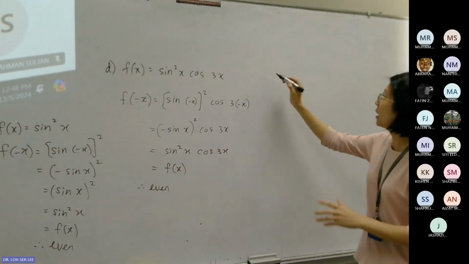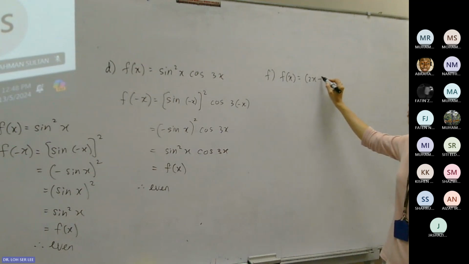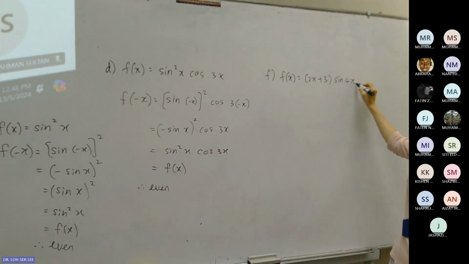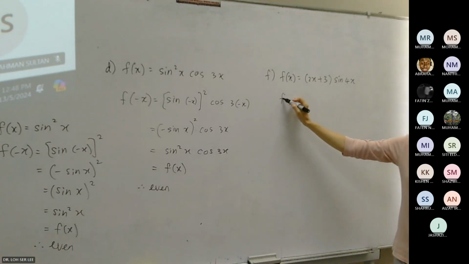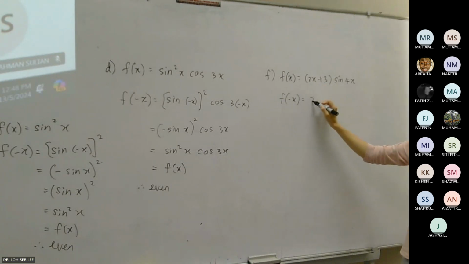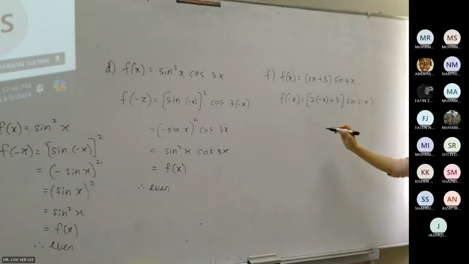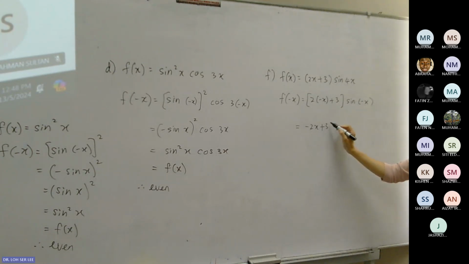And the last one, your f(x) is 2x plus 3 sine 4x. Okay, this 2x plus 3, you get a negative 2x plus 3 times negative sine x.